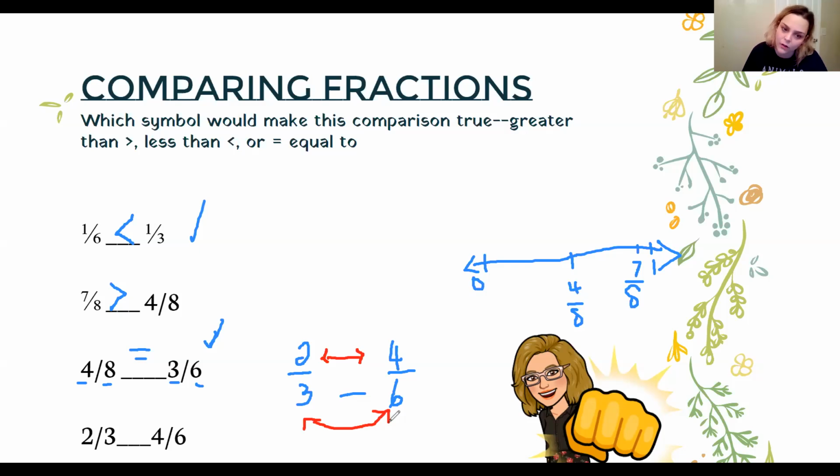If you said, oh, it seems like it's just doubling going this way, you're right. If you said it seems like 2/3 has just been doubled, you're absolutely right. So with 2/3, it seems like they multiplied the numerator 2 by 2, and that gave us a numerator of 4, and then they doubled the 3, and it gave us a 6, which must mean that 2/3 is the same as 4/6.